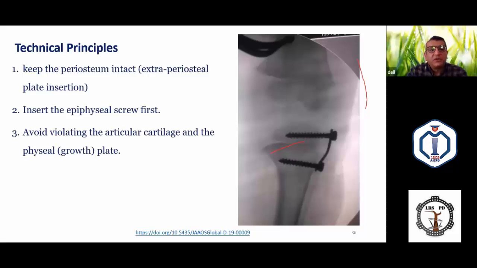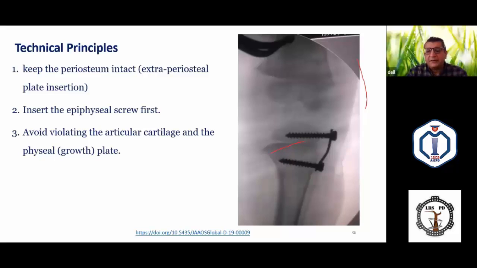We want to put forward some general technical principles of guided growth. As we said, you should be very careful about the periosteum. Keep the periosteum intact. Your dissection should be strictly extra-periosteal. When you operate, you should insert the epiphyseal screw first and make sure you are satisfied with it.